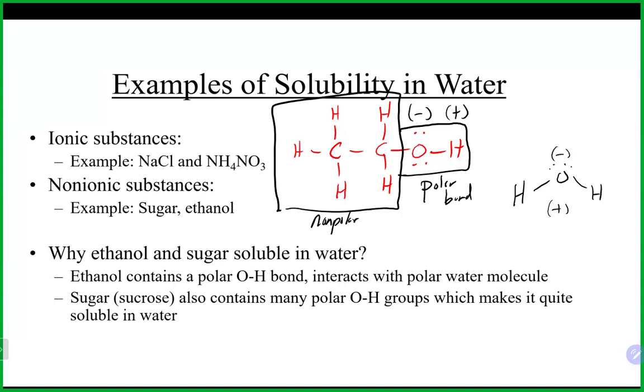And it allows something like ethanol and water to bond to each other through opposite sides, the positive side of one and the negative side of another. This is what is known as hydrogen bonding. And hydrogen bonding is a strong intermolecular force.